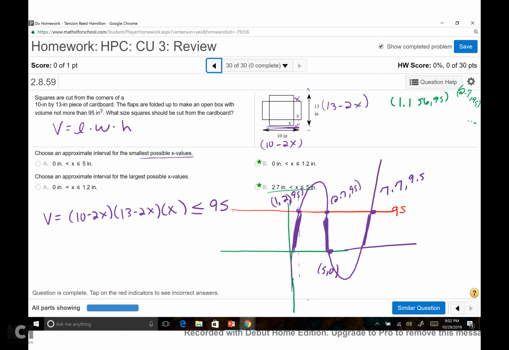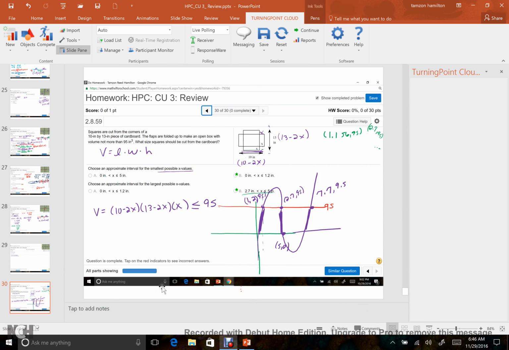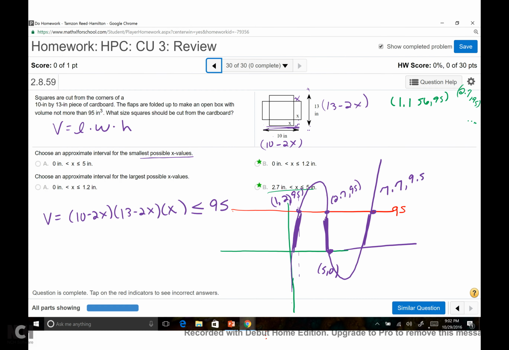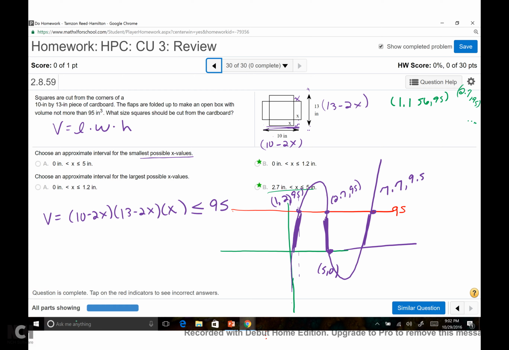Hold on, let me pause while I ponder this. Okay, I figured it out now. Okay, that was painful. All right, so my picture's not very good either. Okay, so I get it now.